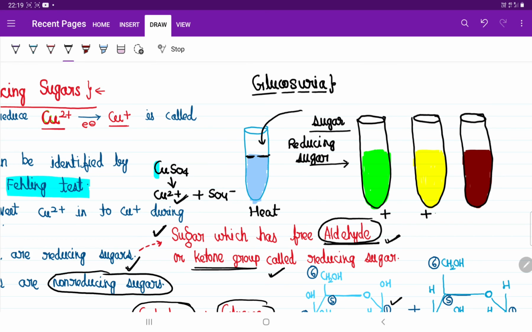If glucose is more, then it will be yellow color. If glucose is even more, then it will be orange yellow color. And if glucose is very high, then it will be brick red color.